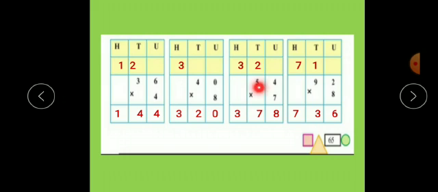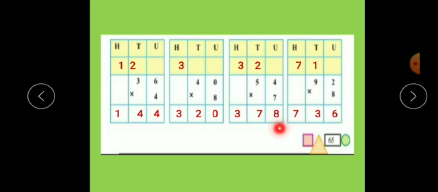Next one is 54 multiplied by 7. 7 fours are 28. So 8 here, 2 is carrying over. Then 7 fives are 35. 35 plus 2 is 37. So 7 here, 3 is carrying over. Again there is no number here, so write this 3 here.